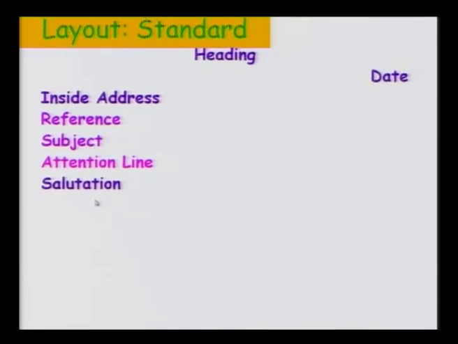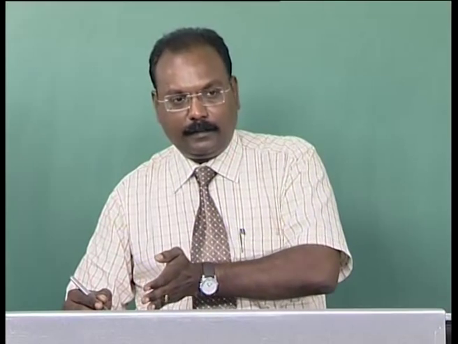Then if you look at the body, this is again on the left. When you come to the complementary clause, such as yours sincerely, yours faithfully, it is coming to the right side, following the date. After the complementary clause, the signature just follows, again on the right side.